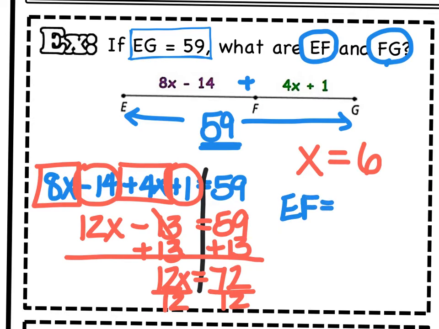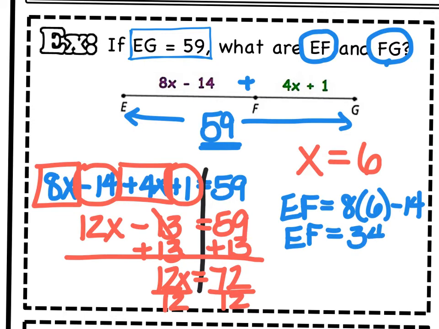In order to find the length of EF, I'm taking that 6 and plugging it in for x right here. So that's going to become 8 times 6 minus 14, and when I calculate that, I end up with EF equaling 34 units.